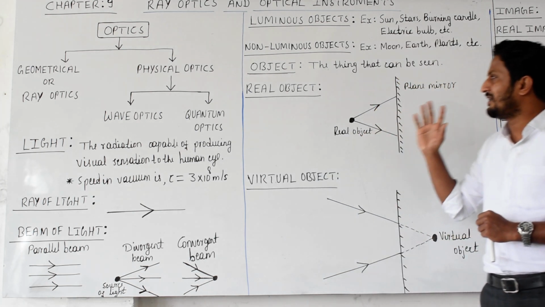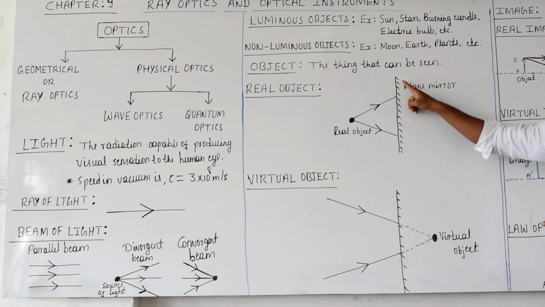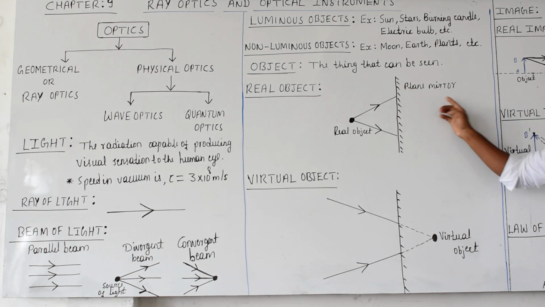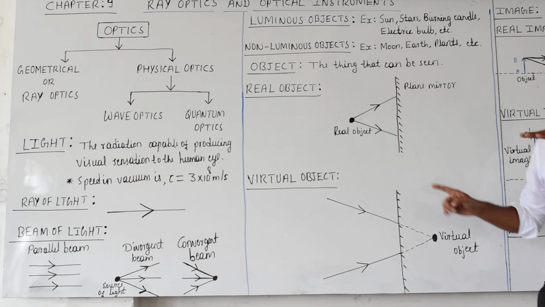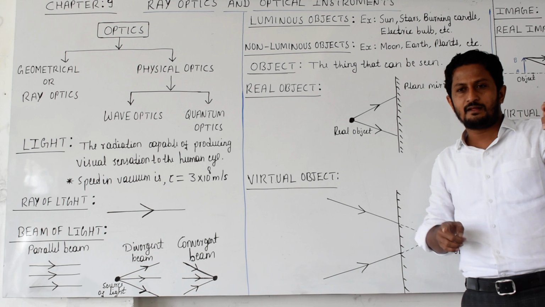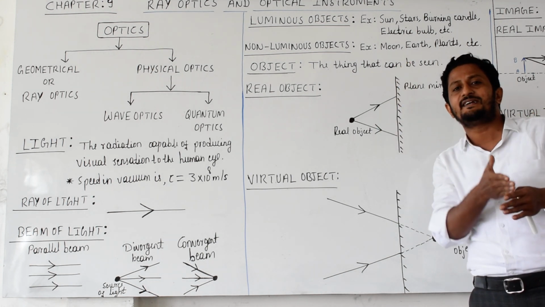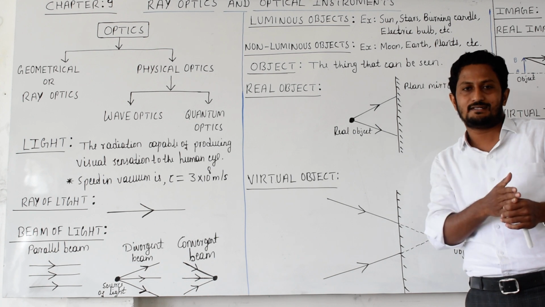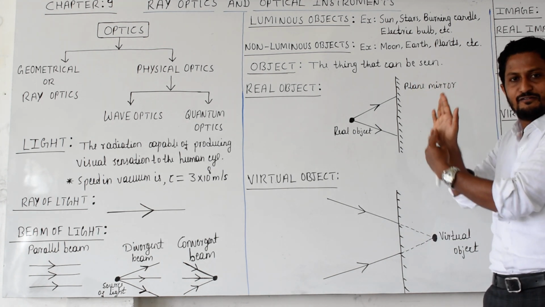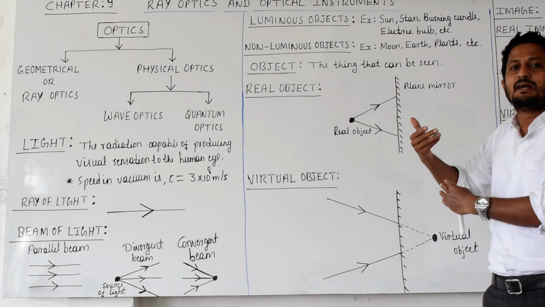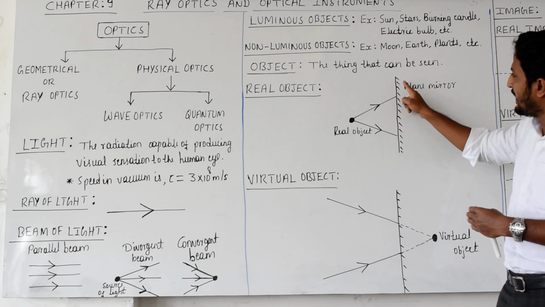See, look here on this diagram. Here I have taken a plane mirror. One side is reflecting and the other side is painted, called opaque. This side of the mirror is completely a reflecting surface. Their back side is painted.